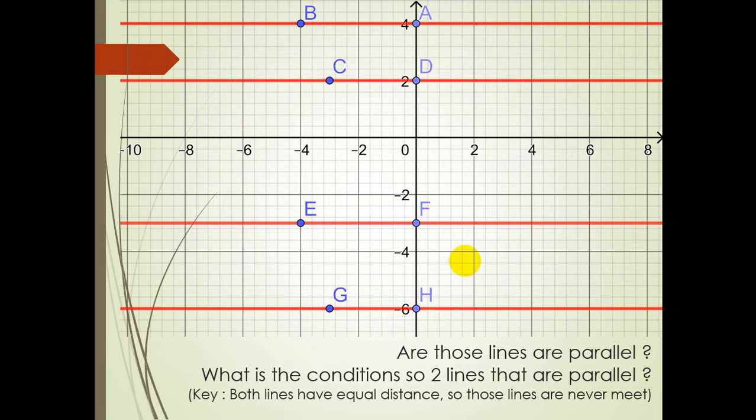Okay, in this slide, all those lines are parallel, and in this question, what are the conditions for two lines that are parallel? I have the keywords for you. Both lines have equal distance, so those lines never meet. That's the keyword.